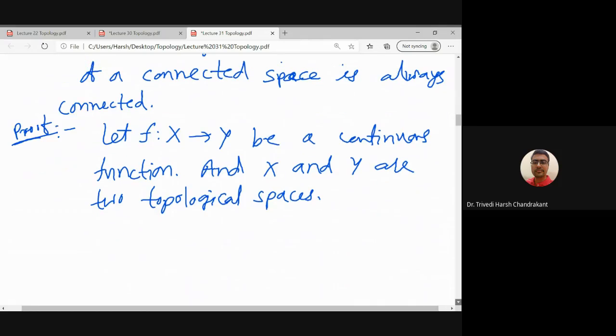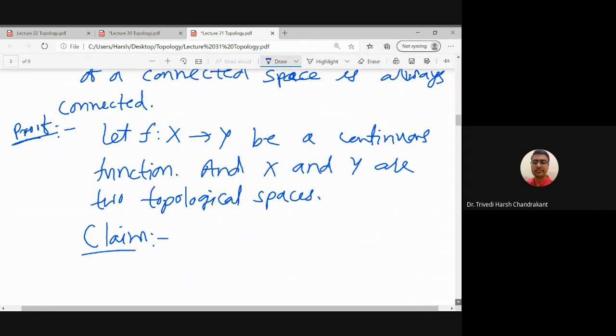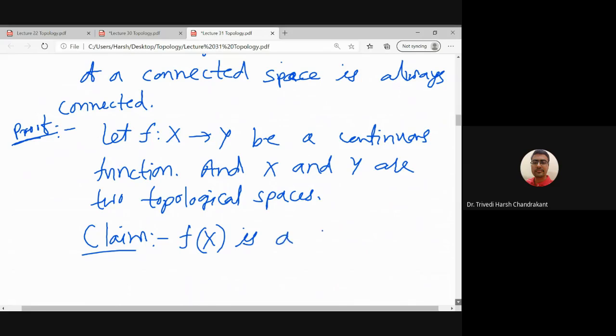So here what we want to show is that f(X) is a connected subspace of Y. But connected with respect to what topology? f(X) is connected with respect to the subspace topology on Y, because f(X), which is the range, is a subset of the codomain Y, so as a subset it has a topology coming from the topological space Y.